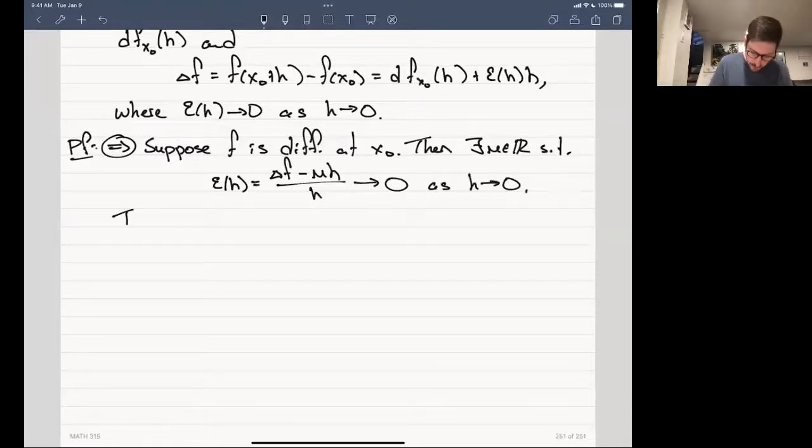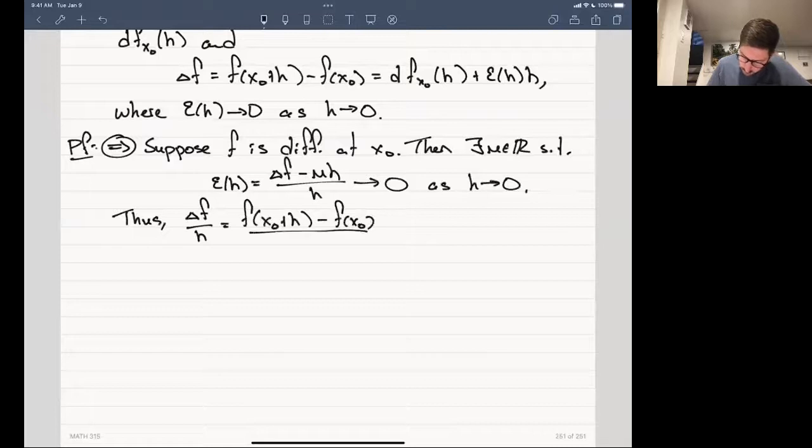And so thus, well, remember delta f over h, that is the limit that we're taking for the derivative. So of course, this is f of x0 plus h minus f of x0. Divide that whole thing by h.